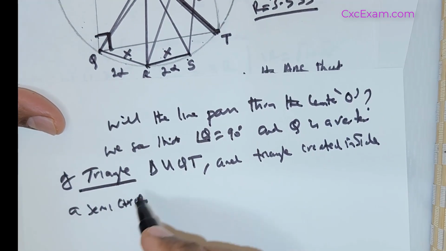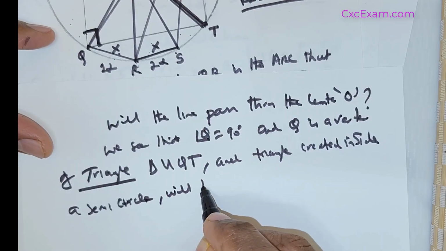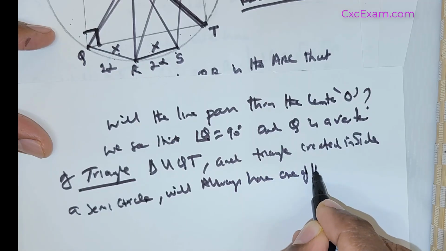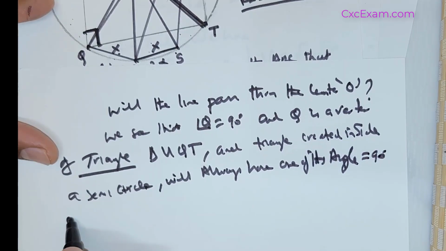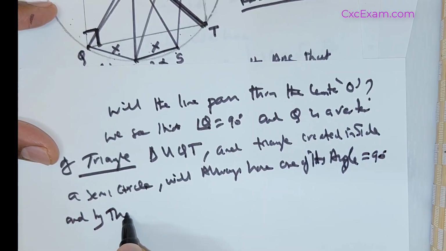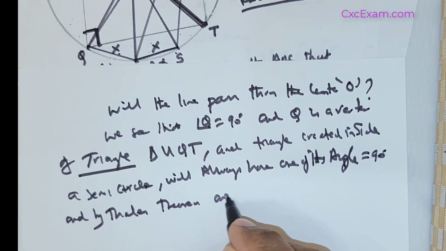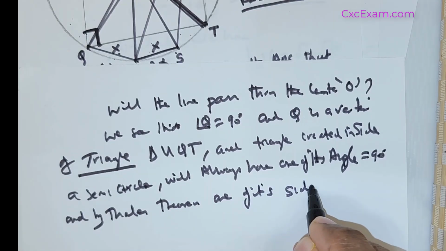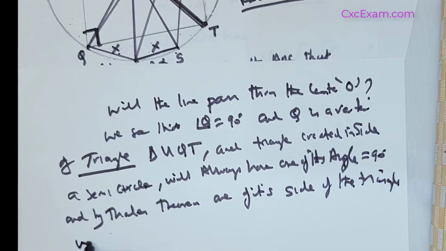A triangle created inside a semicircle will always have one of its angles equal to 90 degrees, and by Thales theorem one of its sides will be the diameter.